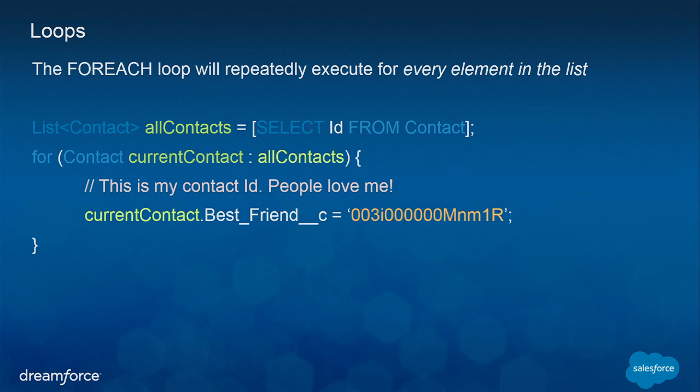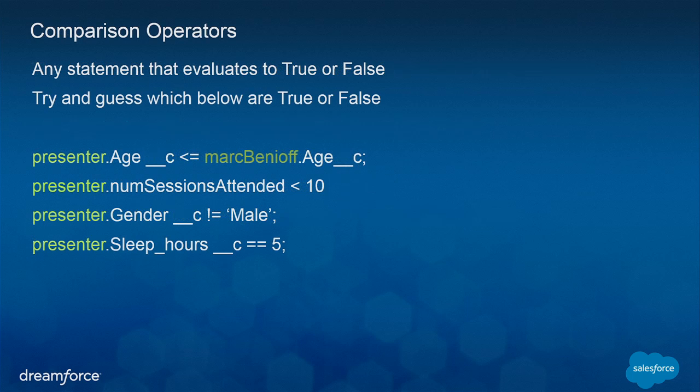It could be that, I wish this example were, listing all of our contacts, and then for every contact, set them equal to presenter, and then on the next line, set the presenter's sleep hours, because we want them to have a minimum of 8 hours sleep so they do a great job when they're presenting to you all. In which case, we would then evaluate, are those sleep hours equal to 5, or are they greater than 5?